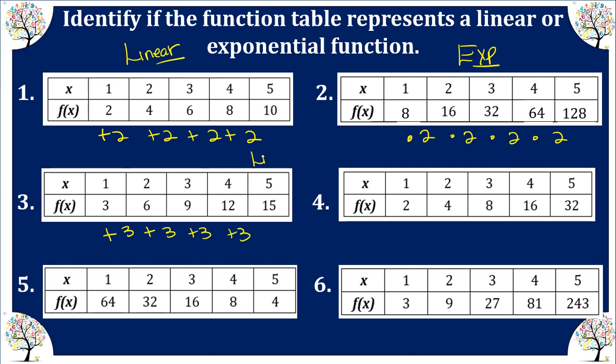So this is a linear function table. From 2 to 4, 4 to 8, 8 to 16, it looks like we are multiplying again by 2. So this represents exponential.